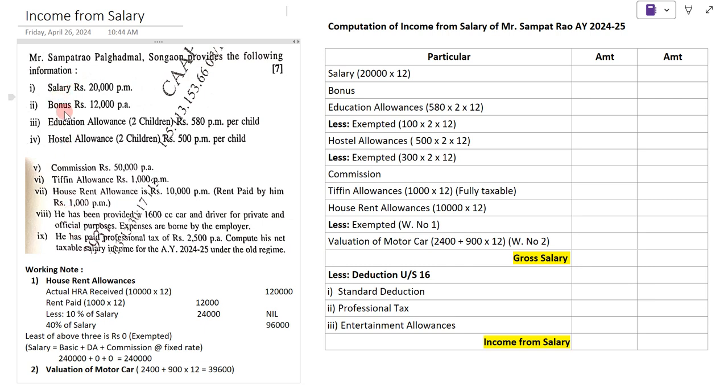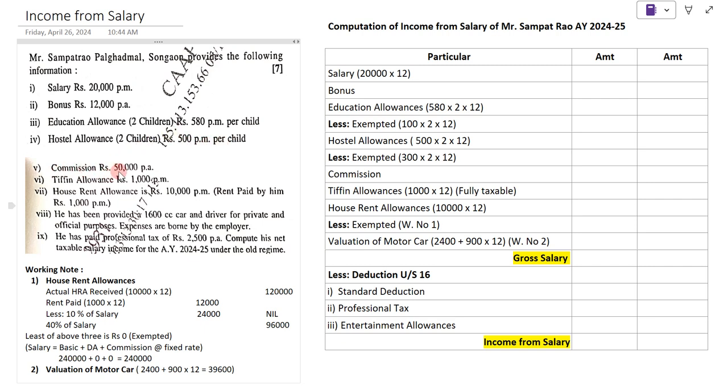Informations are given below. Salary rupees 20,000 per month. Bonus rupees 12,000 per annum. Education allowances are given for two children, rupees 580 per month per child. Then hostel allowances is given for two children, rupees 500 per month per child.